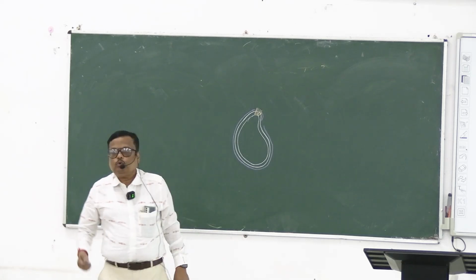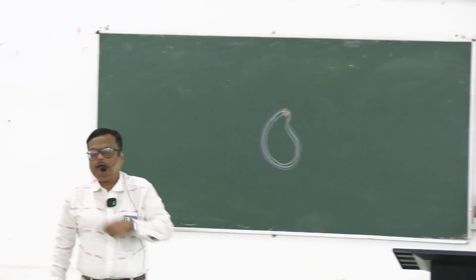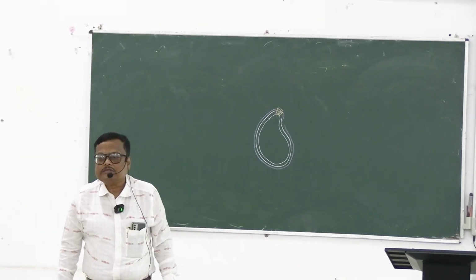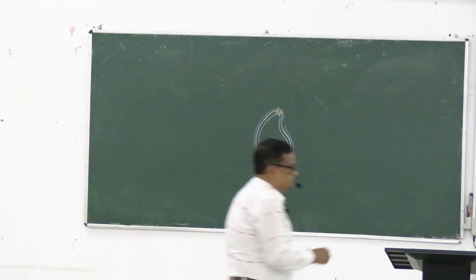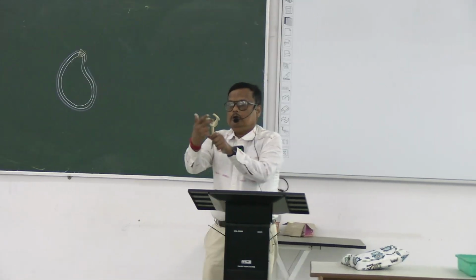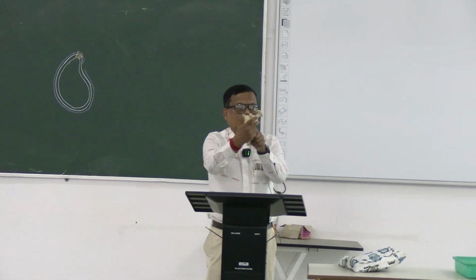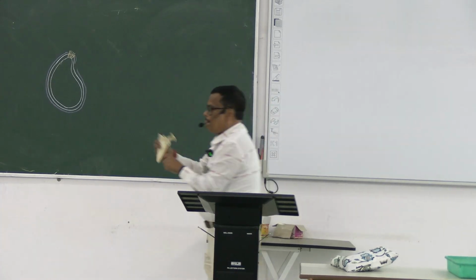In the last class I told you, there is a muscle here known as the subscapularis. You are looking like this. Look, this is the cut section of the glenoid fossa, what I have drawn here.